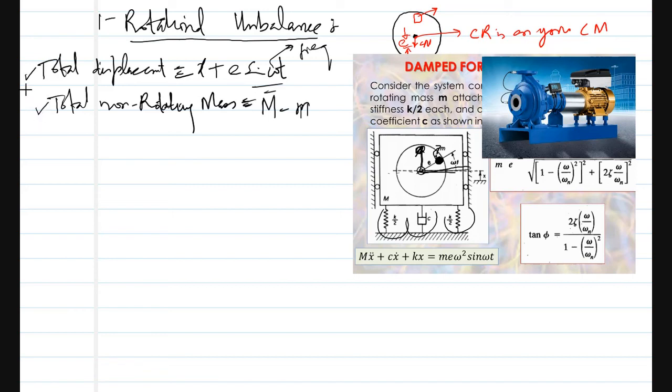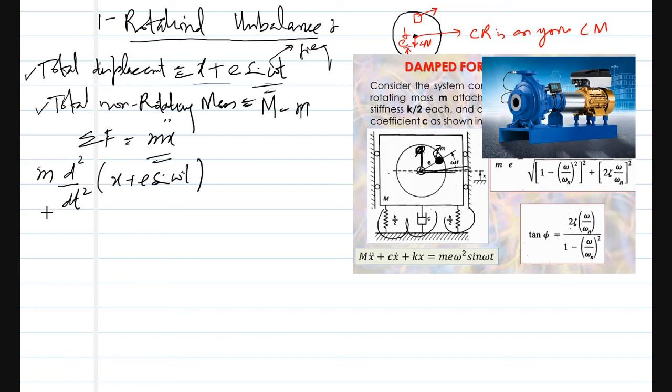Just to write the inertial equation, summation F equals mx double dot. We have the inertial forces of two masses, one because of small m, one because of capital M. So small m d square by dt square of (x plus e sine omega t).